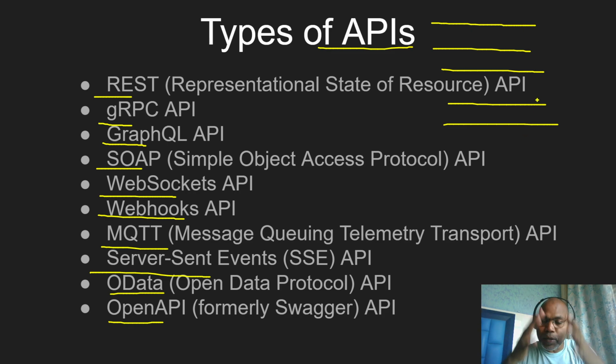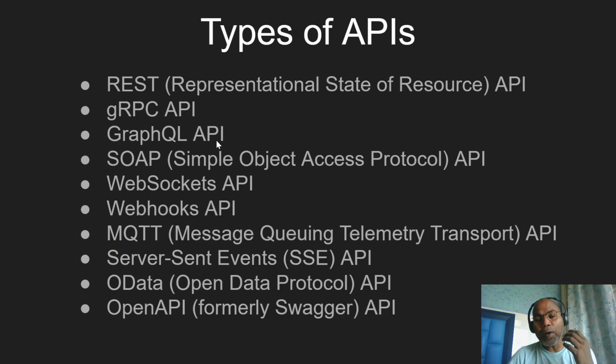Because our application and system require different natures of communication, depending on the nature of my system collaboration and communications, we are going to develop different APIs.